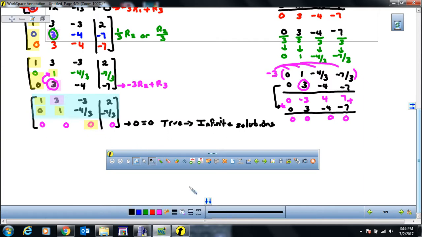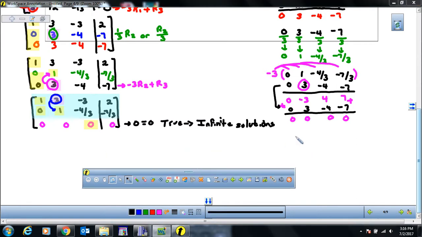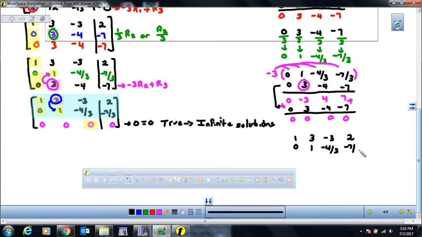So we only need to make that 3 into a 0. If I want to make that 3 into a 0, once again, we need to add it to the equation that we made into a 1, which is the second equation. So we're going to do 1, 3, negative 3 and 2 added to 0, 1, negative 4/3, and negative 7/3.